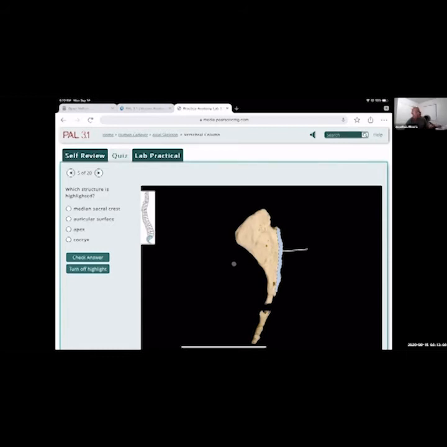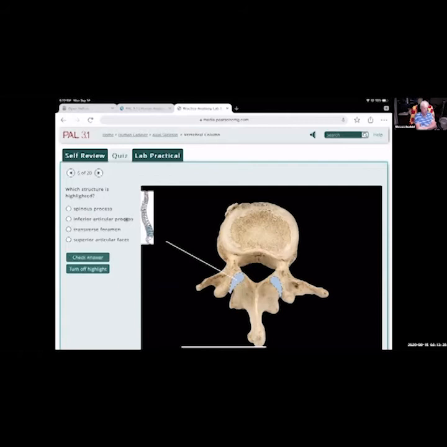And this is what? Median sacral crest. Yep. Median sacral crest. Perfect. It runs right down the middle of the sacrum when you look at a flat, straight-on view of it. All right, looking at that, what structure is highlighted there?